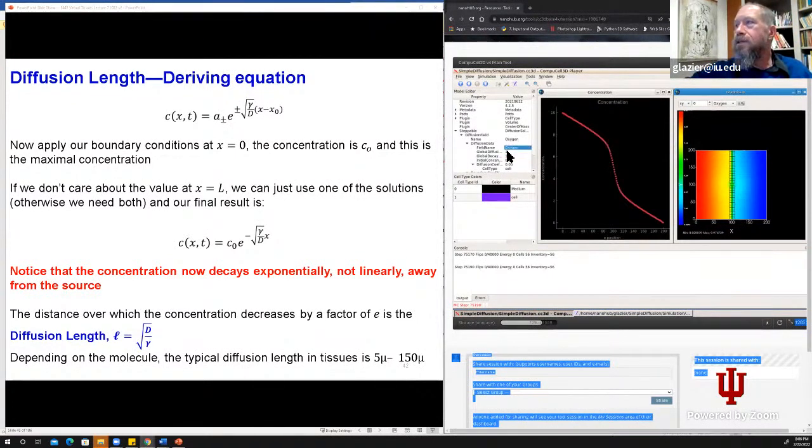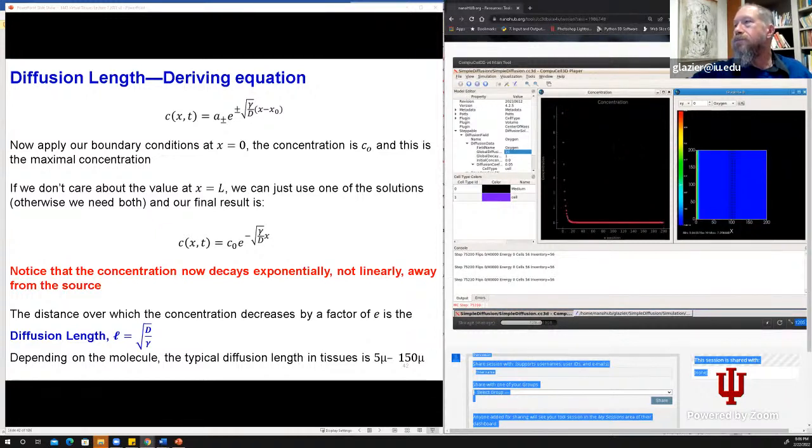Now make the diffusion constant 10. What's going to happen now with the decay constant? Look what's happening. The chemical never gets very far away from the boundary. What is my value?